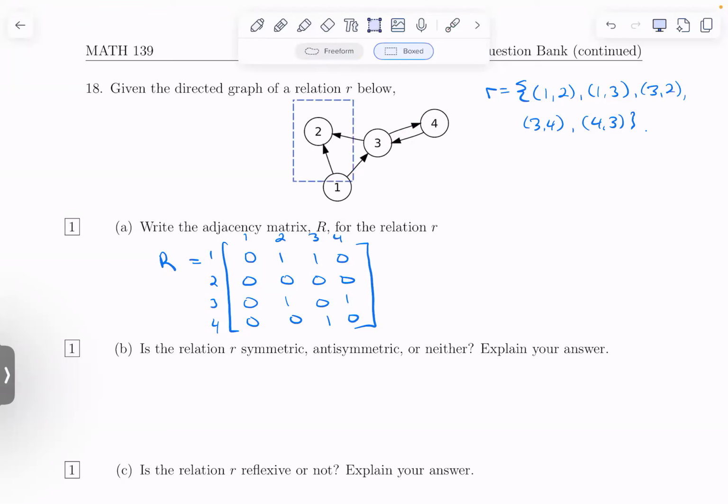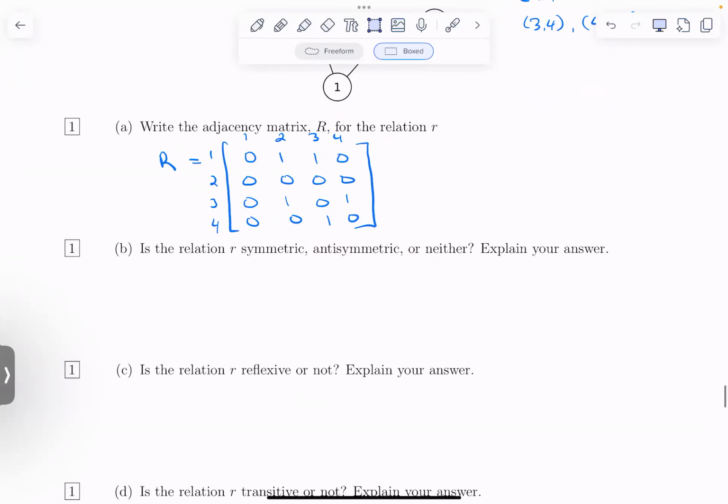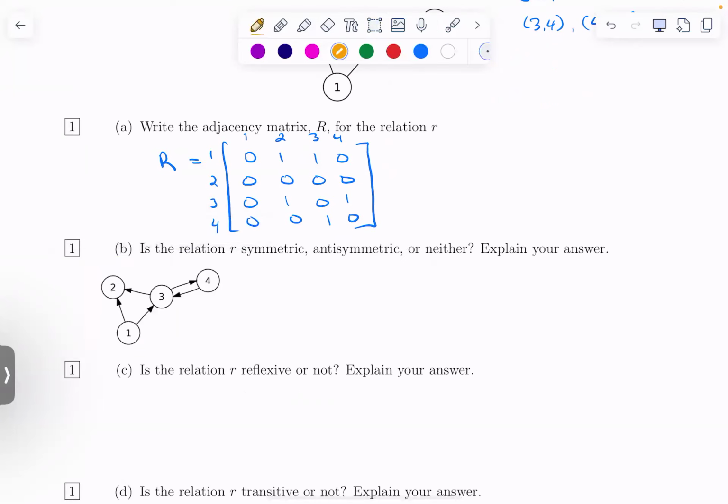For it to be symmetric, we would need, with 2 to 3, 3 to 1, and we would need 2 to 1. Then it would be symmetric. So it's not symmetric. How about anti-symmetric?